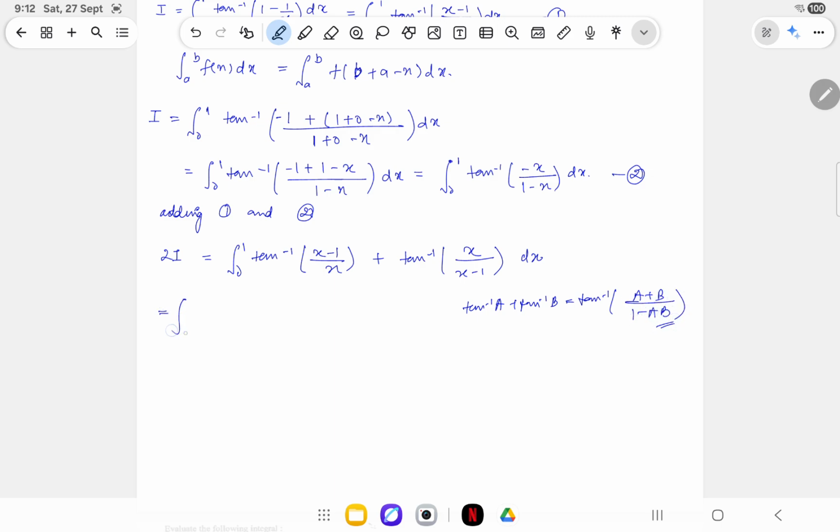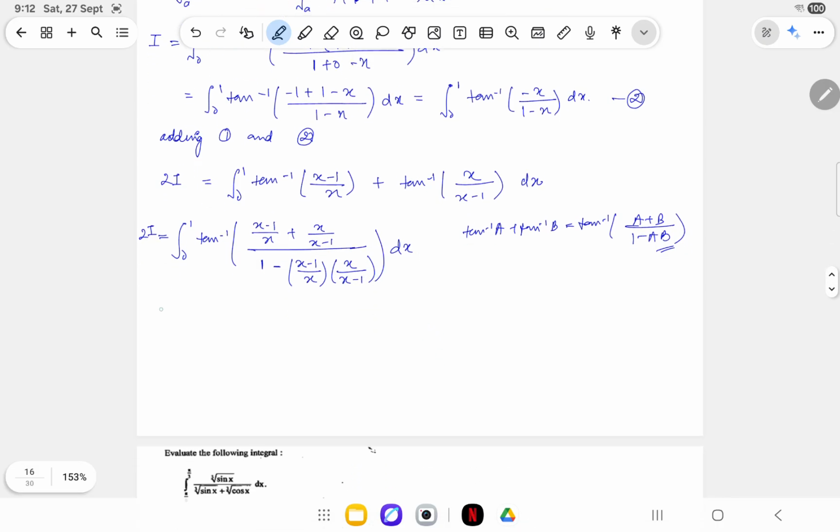So this basically gives us 2i equals the integration 0 to 1 tan inverse of ((x minus 1) by x plus x by (x minus 1)) divided by (1 minus (x minus 1) by x into x by (x minus 1)) dx.